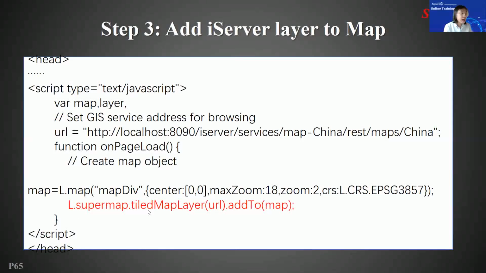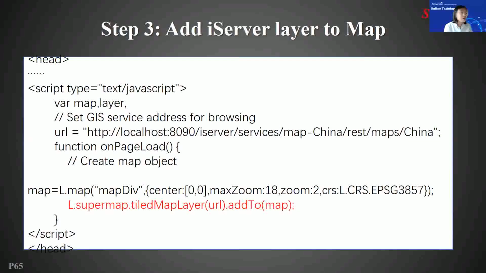Then we can add the map layer. Use the L.supermap API and tiledMapLayer with the URL, then add this tiled map layer to this map object.